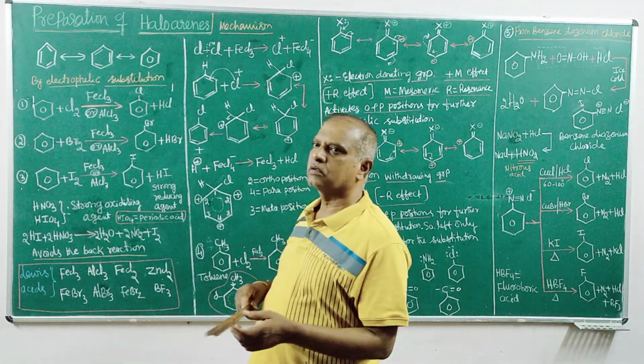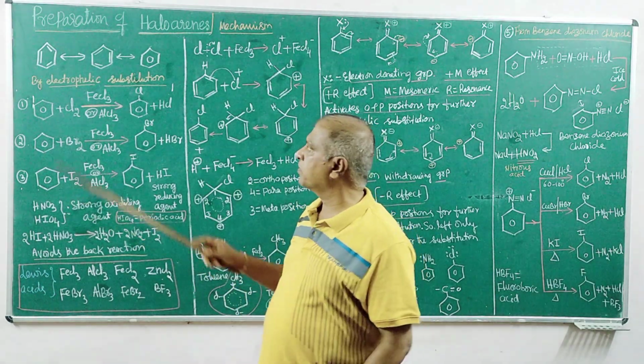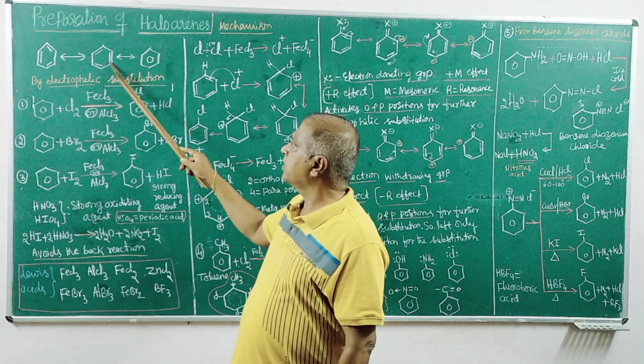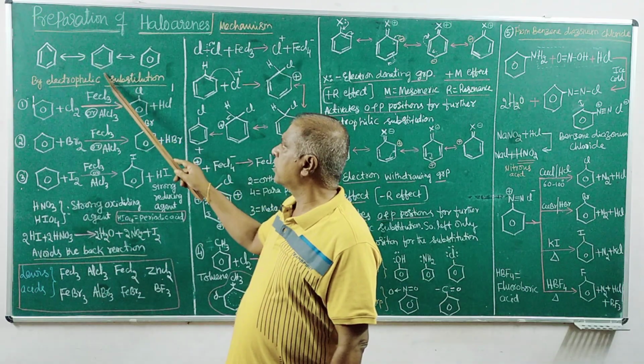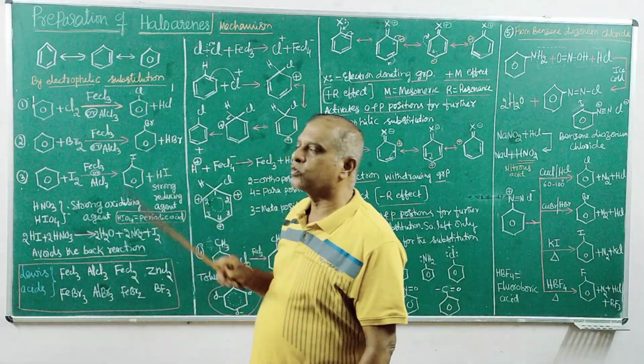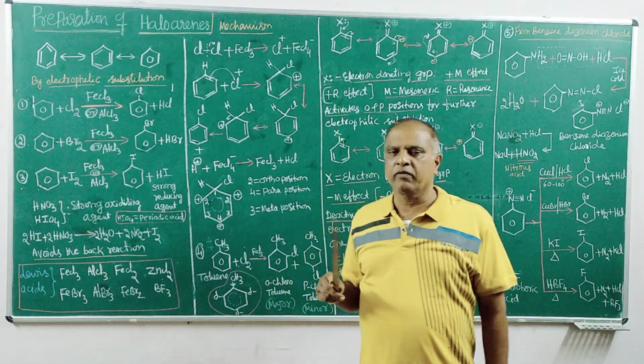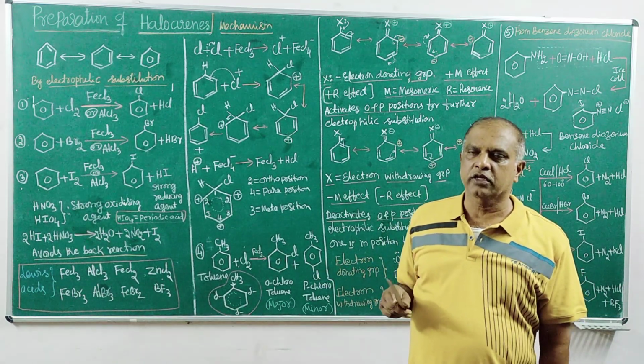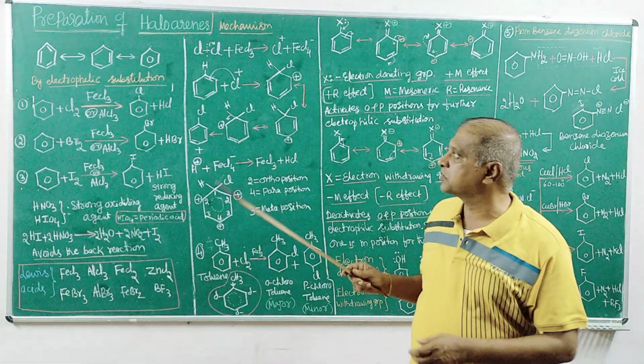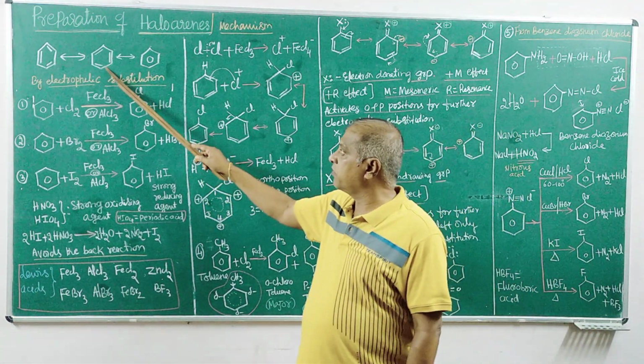Any reagent which is able to attack the pi bond only replaces one hydrogen atom or two hydrogen atoms by another group. So it becomes a derivative of benzene, a compound with another substituent. It is called a benzene derivative.